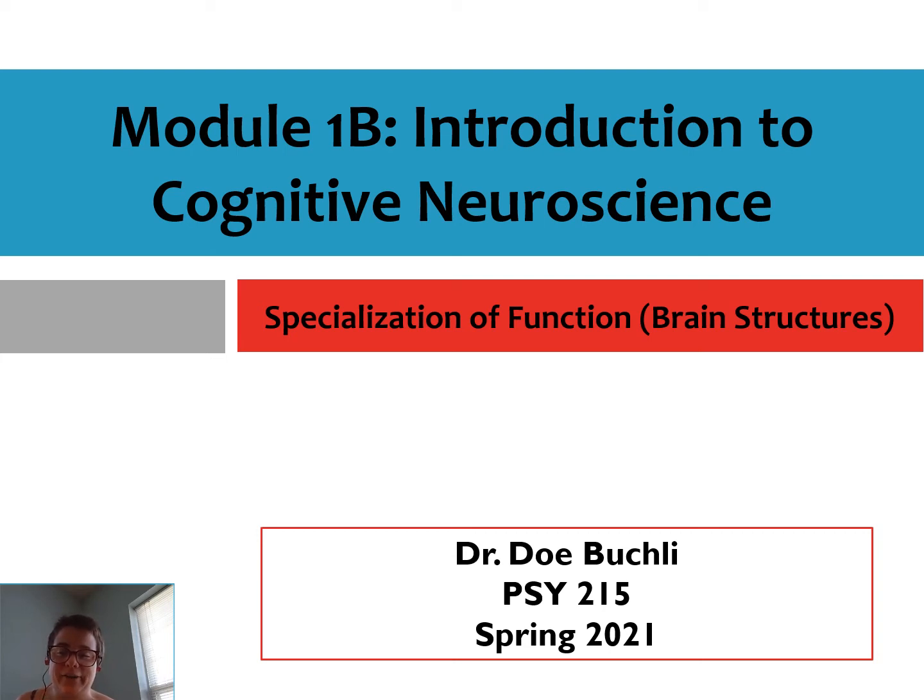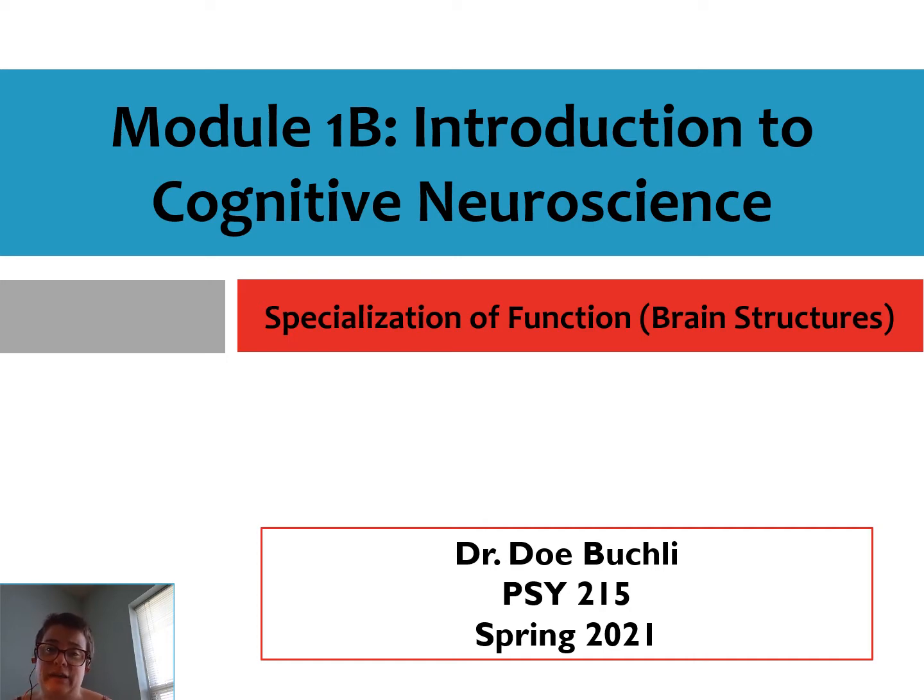Alrighty, hello everyone. So this is our next video in the Module 1B series, which is meant to review and supplement Chapter 2 of your textbook, which provides an introduction to cognitive neuroscience.